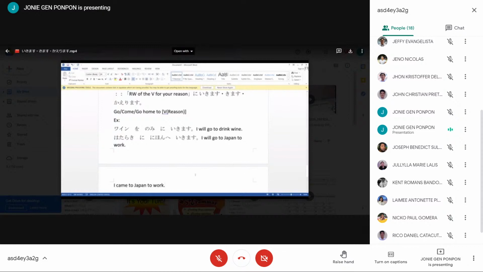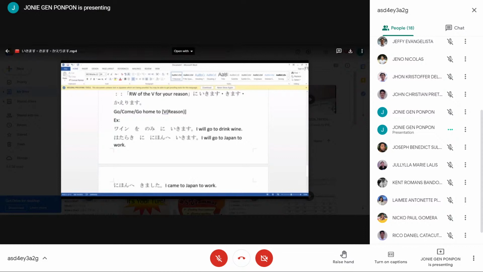So again, the same, but you will use kimasu. Since came is past tense, we will replace the mas with mashita. So instead of kimasu, that is kimashita. Okay, so Nihon e kimashita.